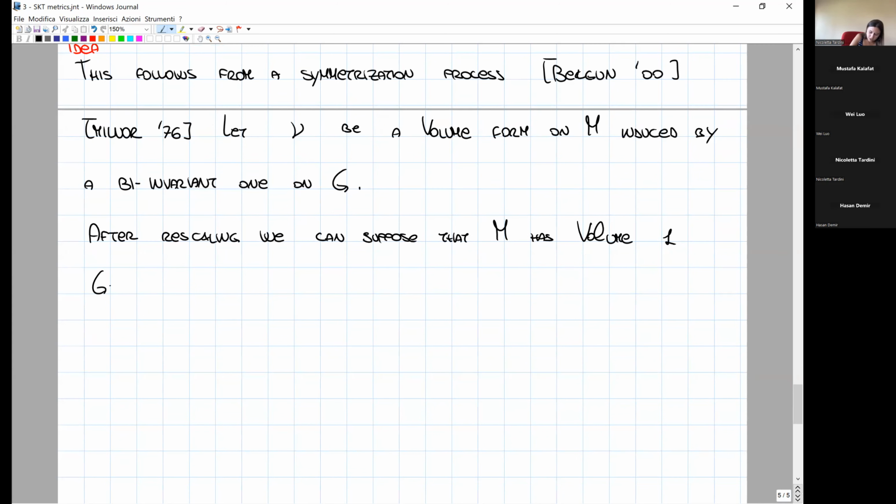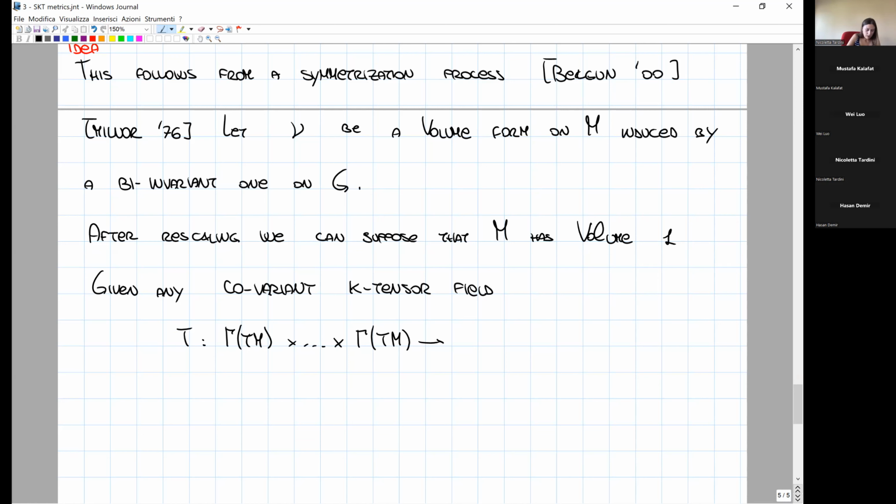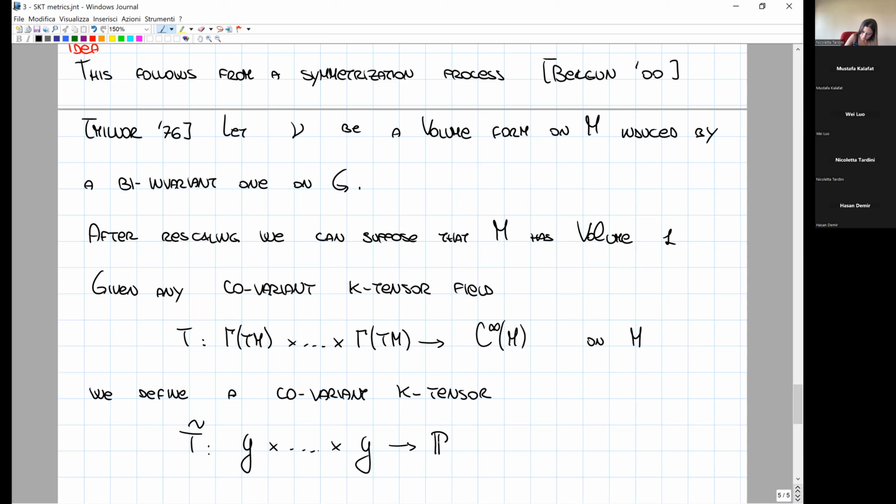So let me do this in general. Given any covariant k-tensor field T on the manifold M, going from vector fields in C infinity of M to R, we define a covariant k-tensor, let me call this T tilde, on the Lie algebra, so on G, in this way.